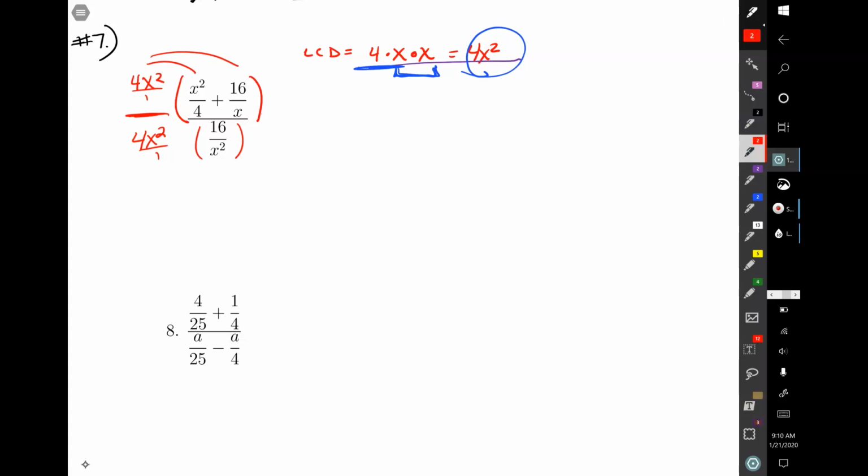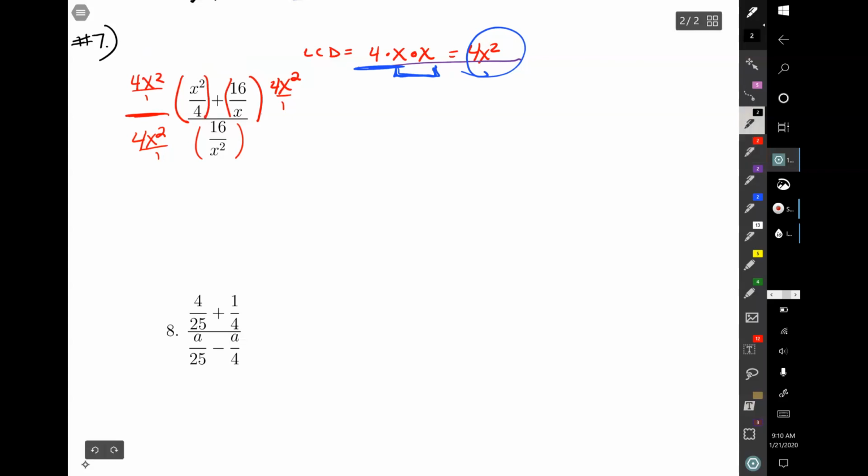So one thing I can do is just write that 4x squared off to the right of that 16 over x. I don't need to do it on the second one because I only have one term in the denominator. So now I can reduce.